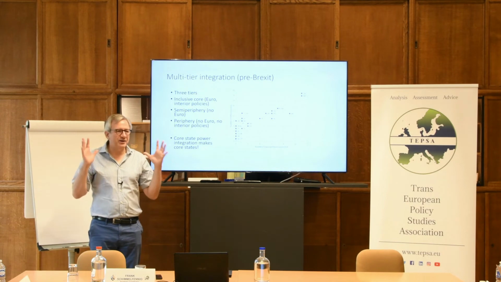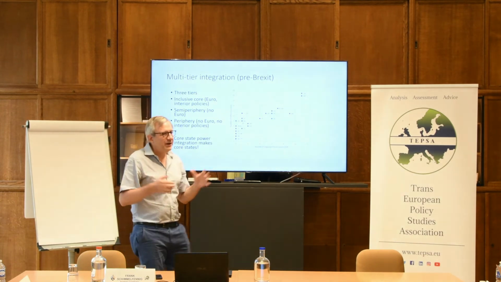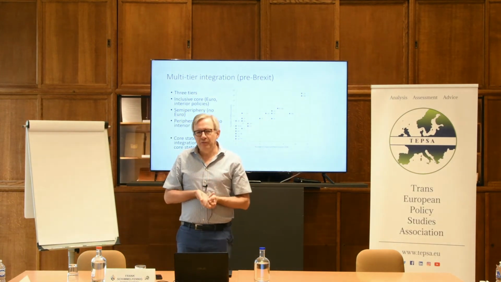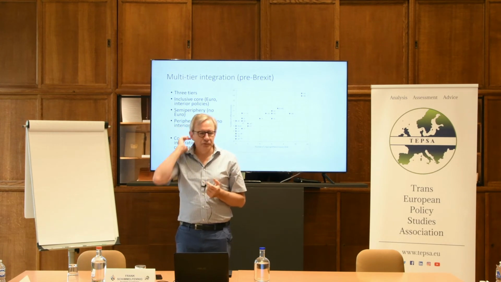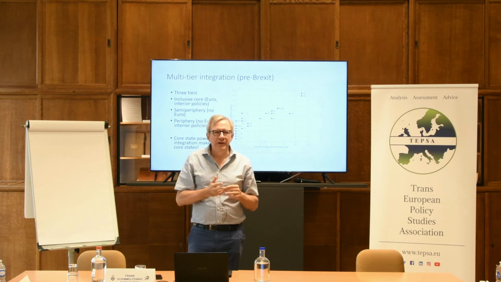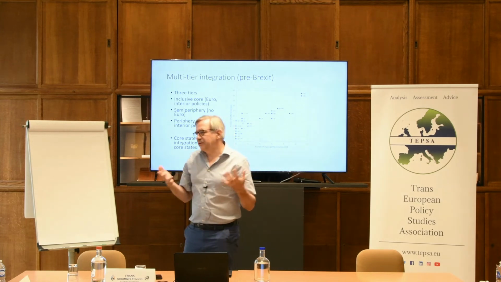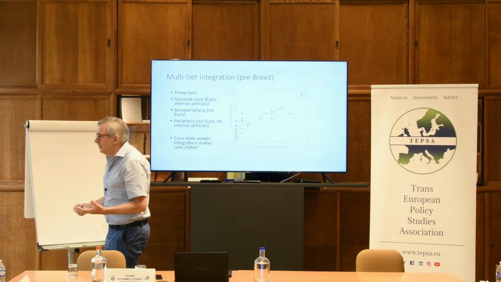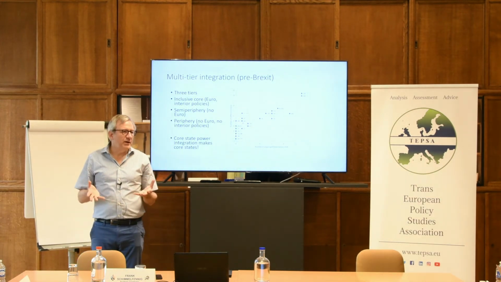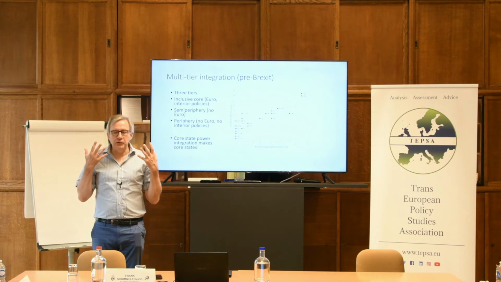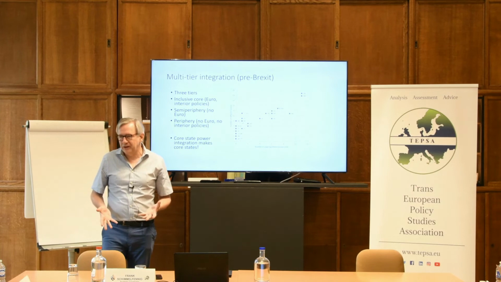The core is the largest group of member states. And if you remember what we said about size yesterday, this seems to show that differentiated integration usually works in the way that there's a large group of member states that want to go ahead with integration, but there are a few member states that are either not willing or not able to follow.